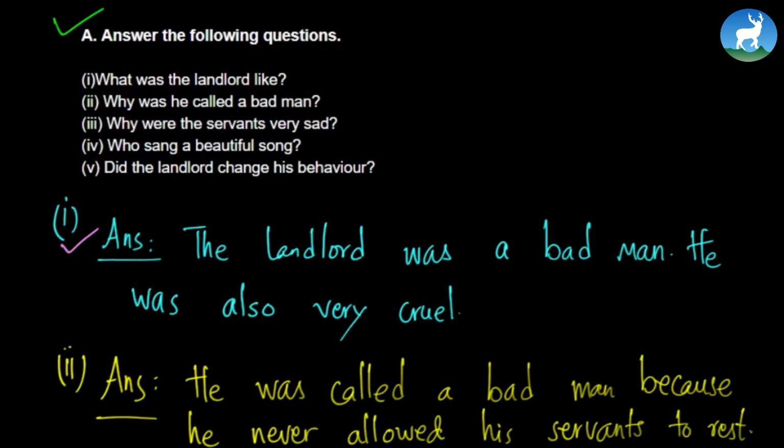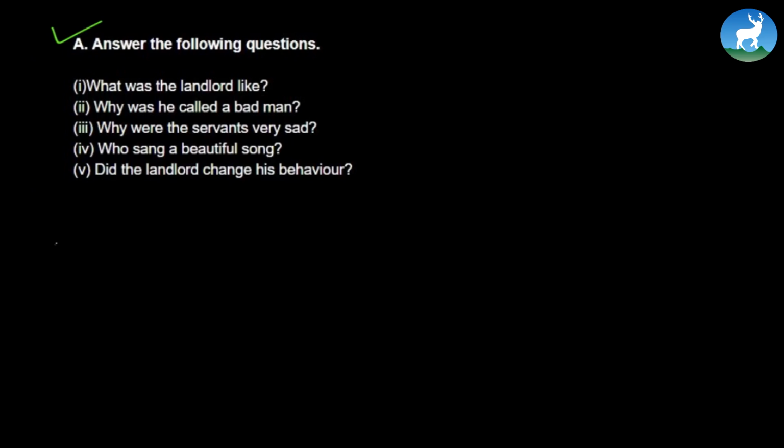For smile or laugh or dance, I'm going to use the word rest, as it seems the proper word. The answer is, he was called a bad man because he never allowed his servants to rest.